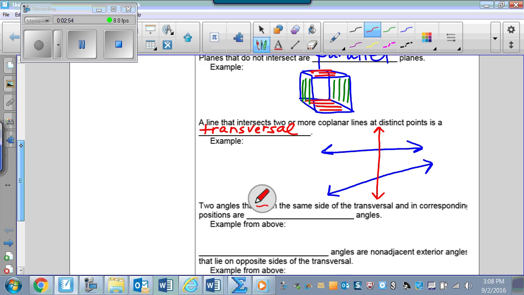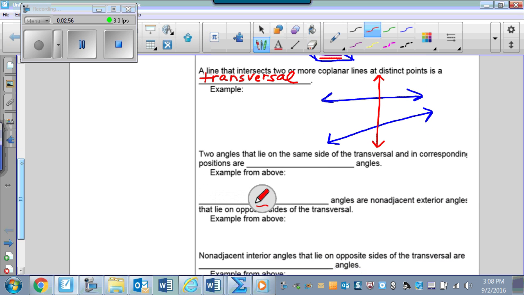So let's talk some more about our lines and our transversal. Let me just label, I'll use green here. So I'll just put some numbers in all these angles: 1, 2, 3, 4, 5, 6, 7, 8.